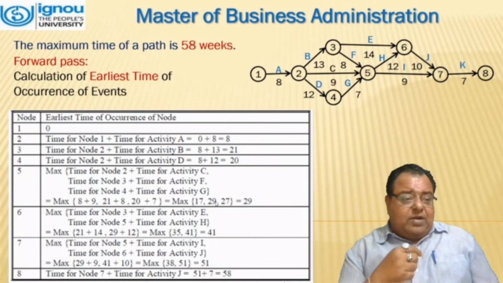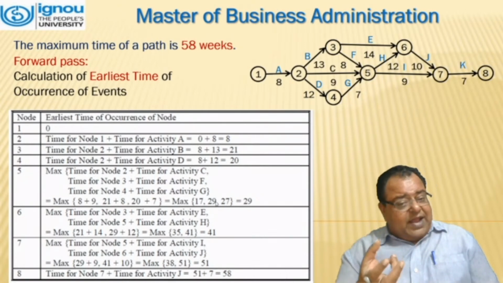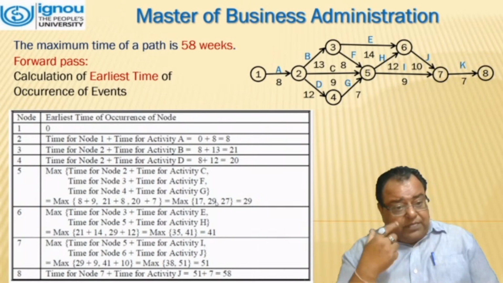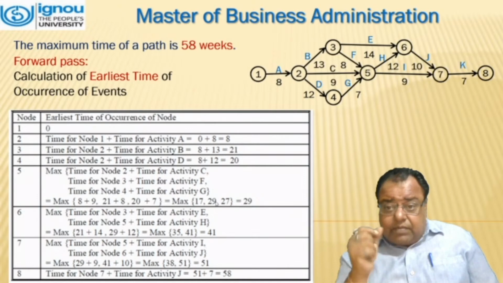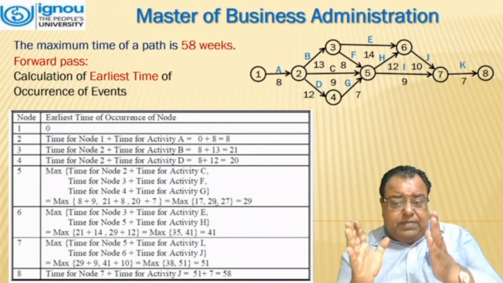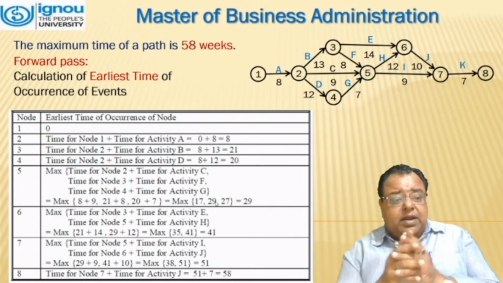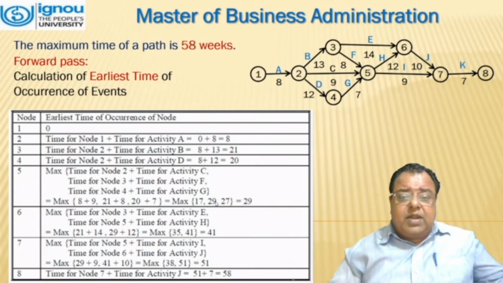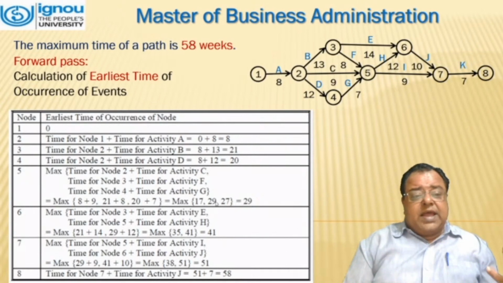Now we have to calculate the earliest time, or the 3 times we have to calculate now from the problem. So we have the critical CPM method in front of you. The problem as it is has been taken. Now we will be moving from left to right. That means we are calculating the earliest time of occurrence of node.